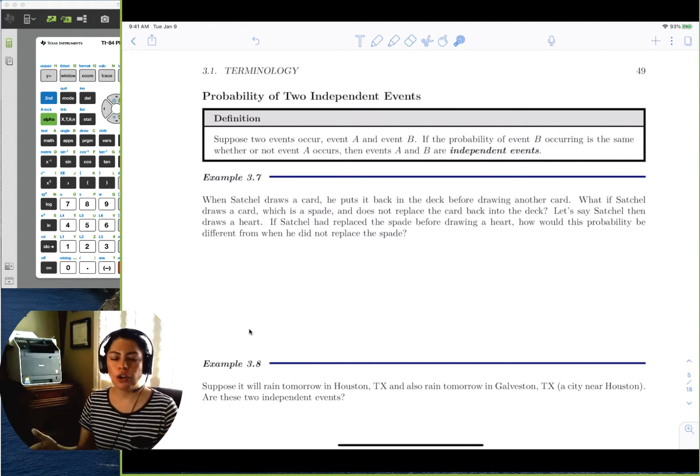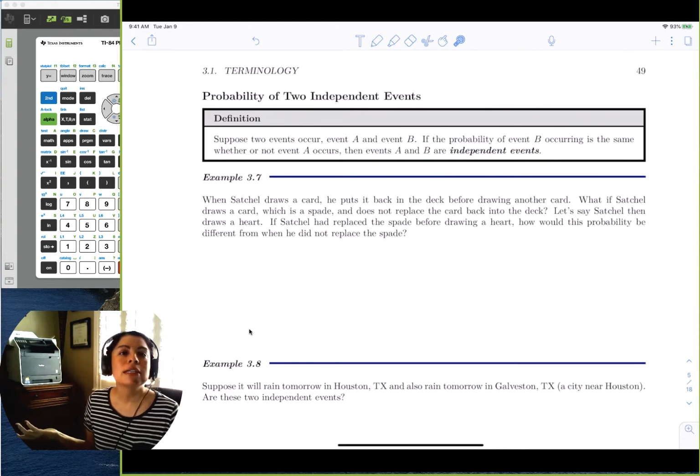I roll a 4, I toss the die again. Does me tossing a 4 first affect how this one is going to land? Probably not, right? So tossing a die twice or more than once, those are independent events because the following events are not going to be affected by the previous one.